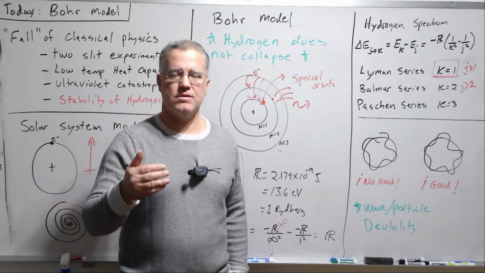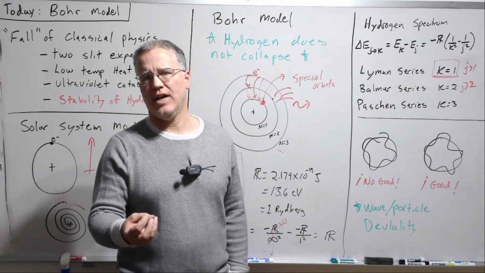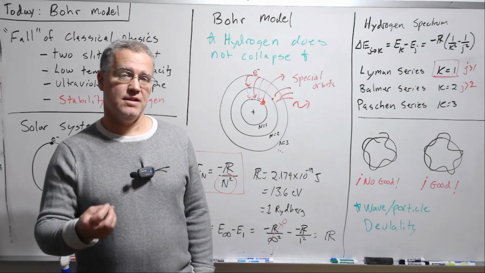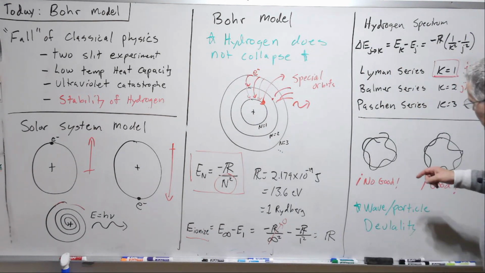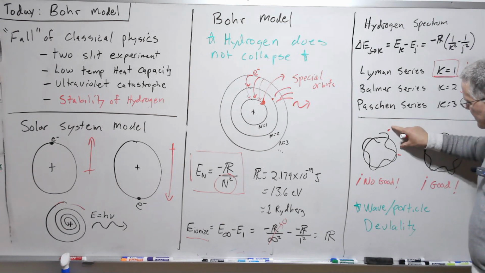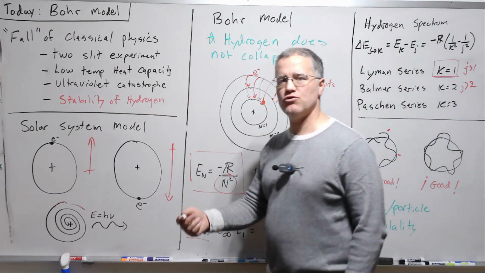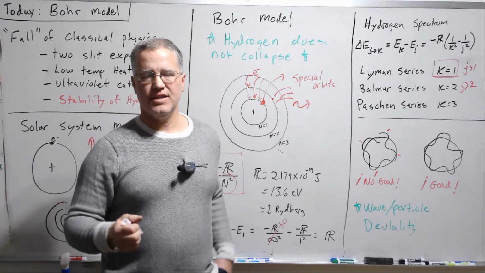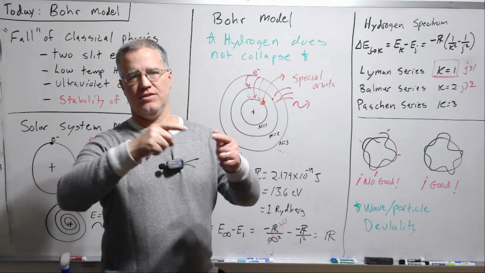Well, we can't see an electron, we can't pick it up and put it in our hand, so perhaps it's a wave and has a particular wavelength. Then there should be special orbits, because if I have hydrogen and it has a fixed wavelength, then I'm going to have to get an integer number of those waves to fit in that orbit. Otherwise, we won't create a standing wave in this orbit.